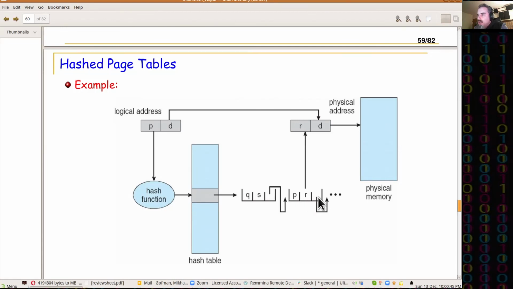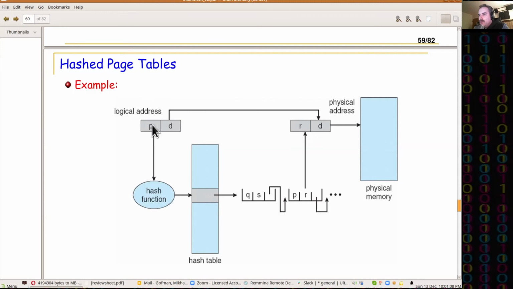So this location contains all of the virtual page numbers that hash to the same location. Each node in the linked list has a virtual page number that hashes to this location along with the associated physical frame, and a pointer to the next element in the linked list.